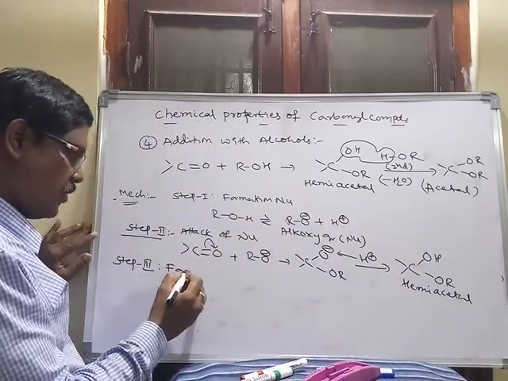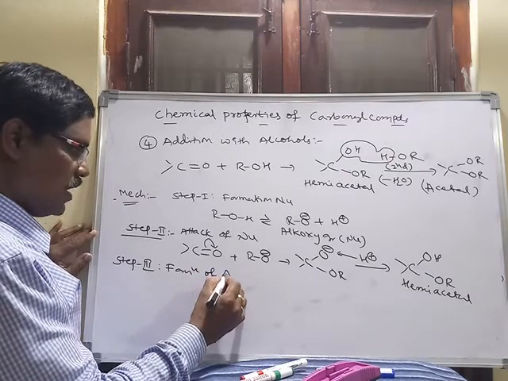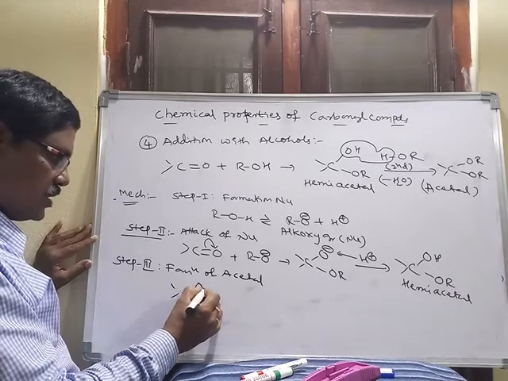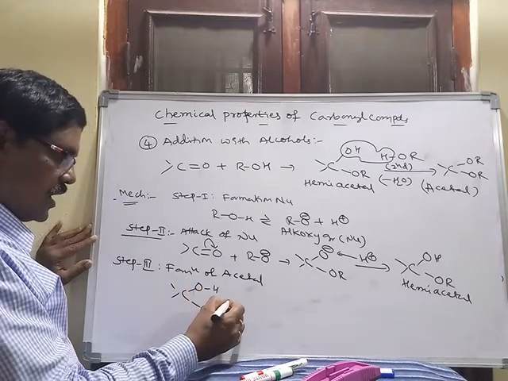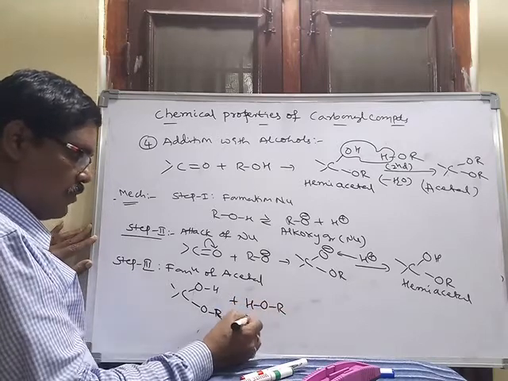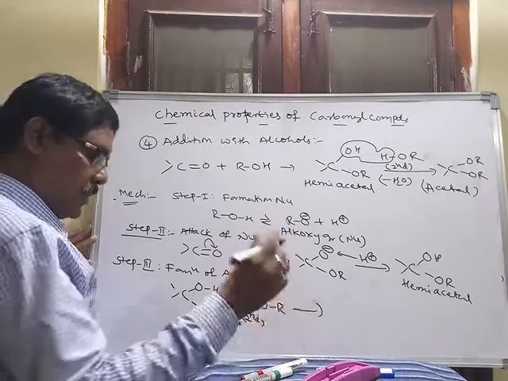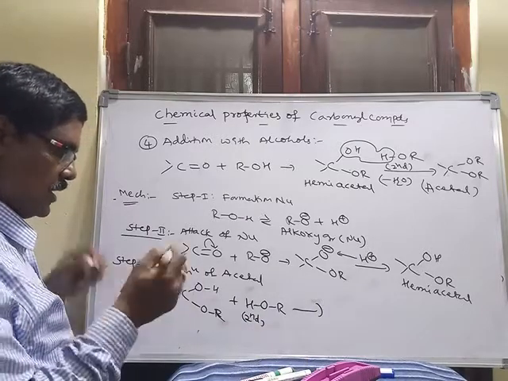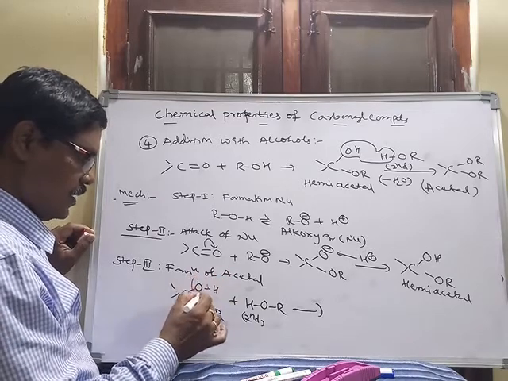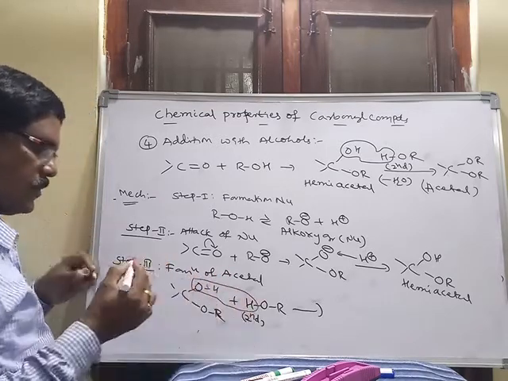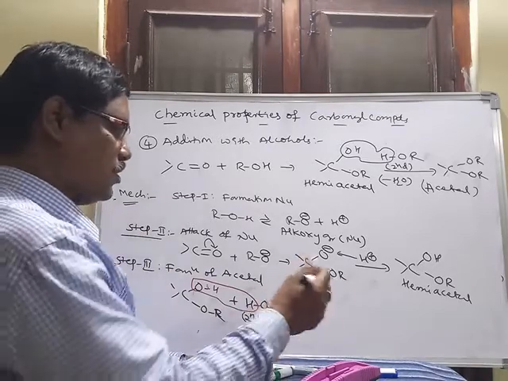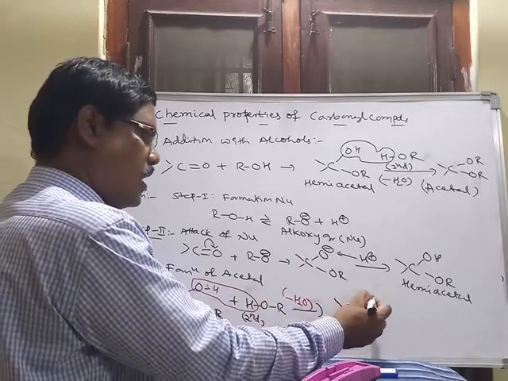Now this is the formation of acetal. The acetal, with OH and OR, reacts with the second molecule of alcohol, HOR, and now from here to here the bond will be broken. Minus H2O to form acetal, OR and OR.